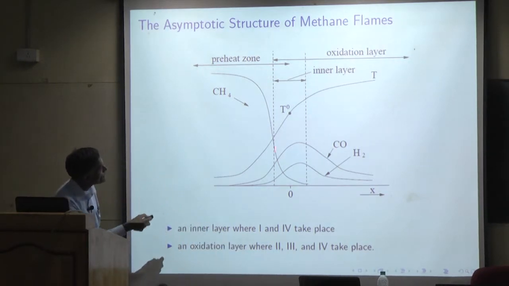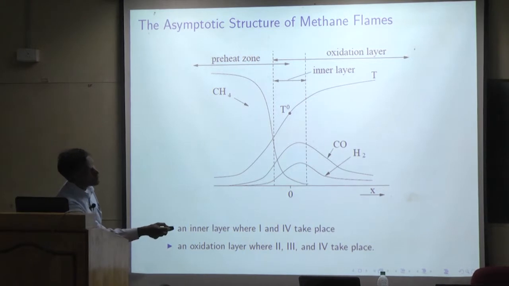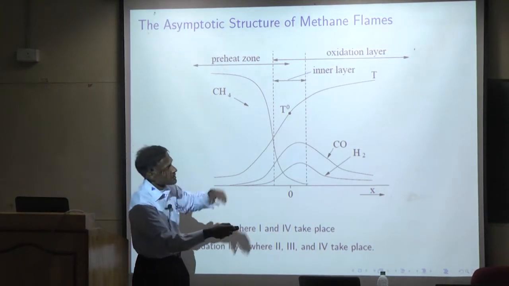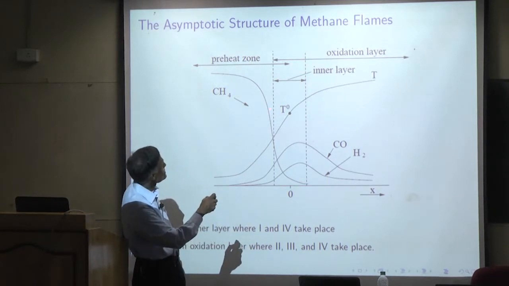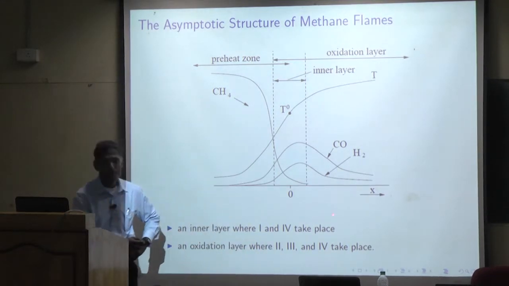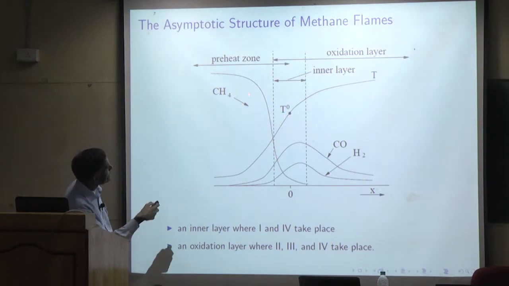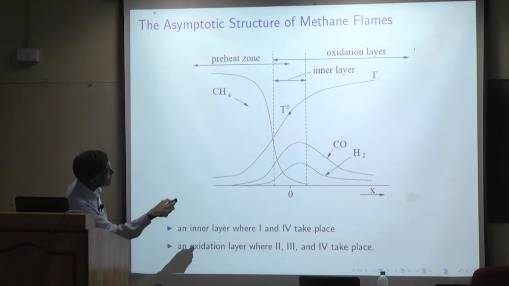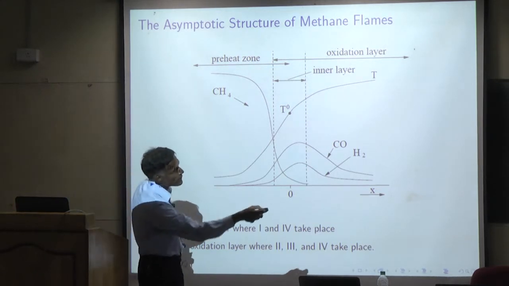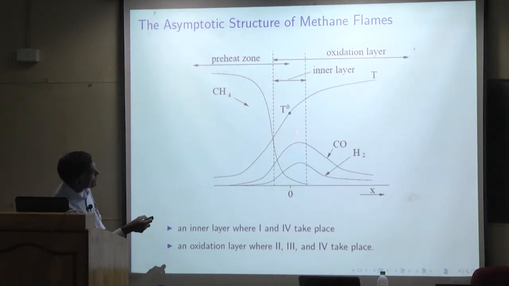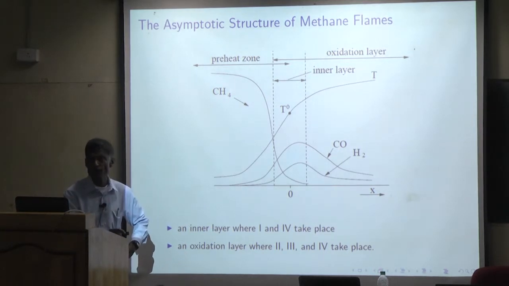I drew it the other way around, with the fuel coming from that side, so I should plot it the other way. The fuel reacts with the radicals to form carbon monoxide and hydrogen, and then they react in the oxidation layer. This is the reaction zone structure.